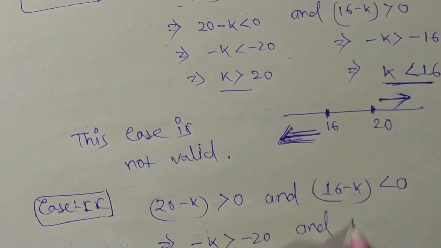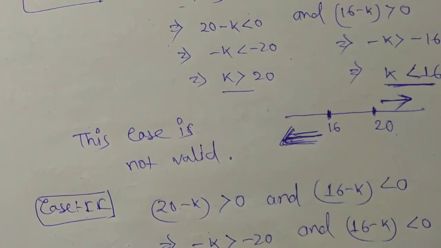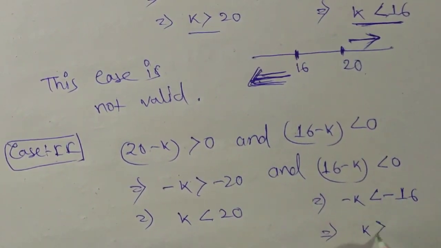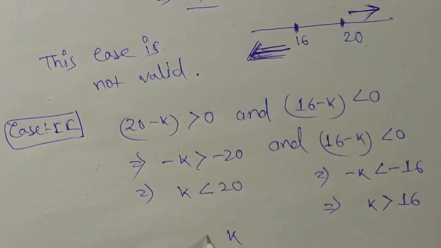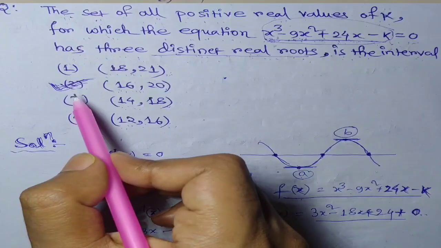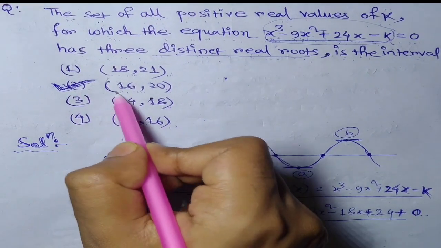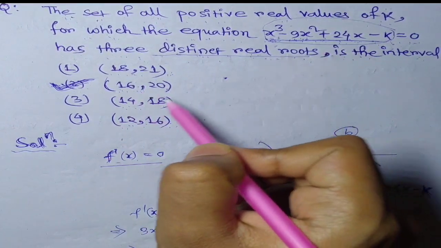And 16 minus k less than 0, that is minus k less than minus 16, implies k greater than 16. So here we obtain that k is greater than 16 and less than 20. So the right option is option 2, the open interval 16, 20, where the values of k lie.